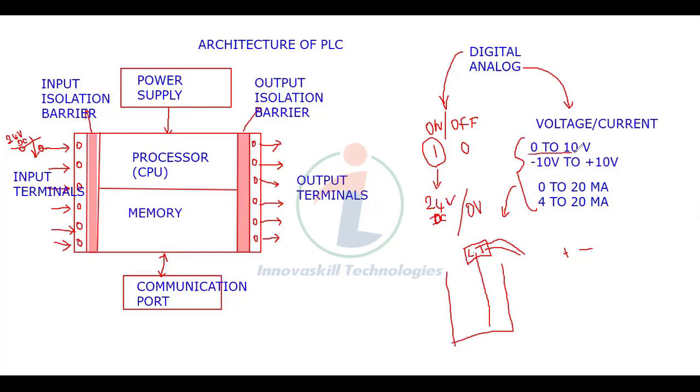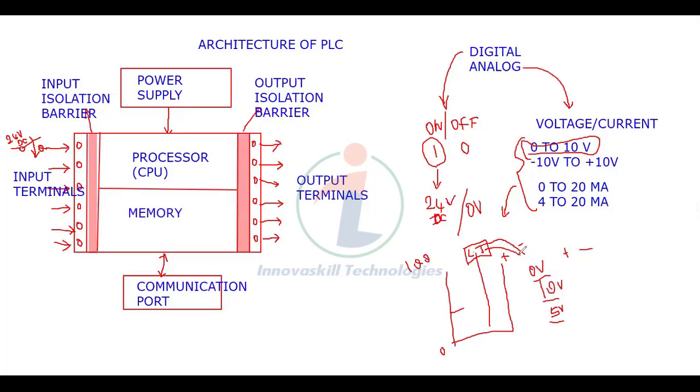For example, if I'm using a 0 to 10 volt level transmitter, then if the tank level is 0, the output will be 0 volt. If the tank level is 100, the output will be 10 volt. If the tank level is 50, it will be 5 volt. Like that, based on the different range, the value of the level transmitter will be changing. That will be given as output by the level transmitter through these two terminals only.